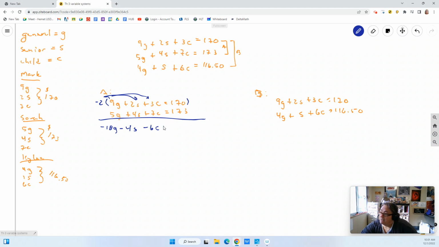Equals, oh shoot, 170 times -2 is, I don't know if I solved this one out. I think it's 340, but I want to make sure.